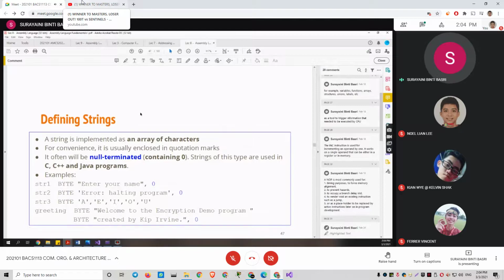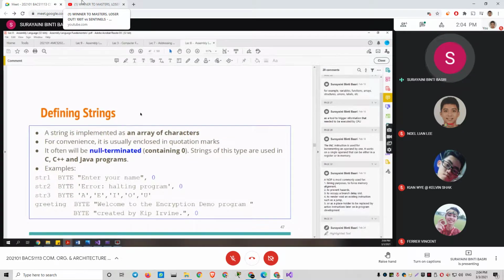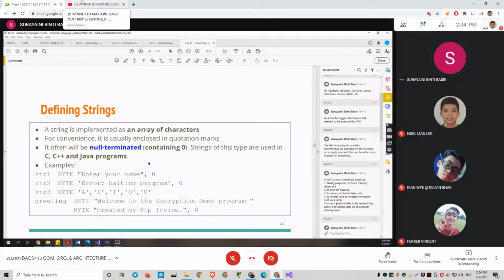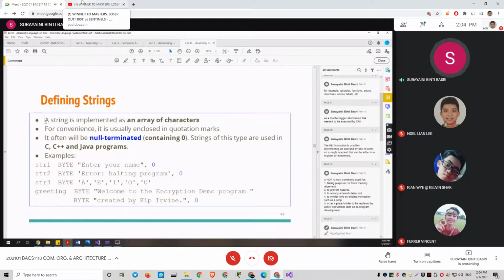Okay, so when you want to define a string in assembly language, this is the syntax, or the way we will do it in assembly language. A string, when it is stored in the computer memory, will be stored as an array of characters.